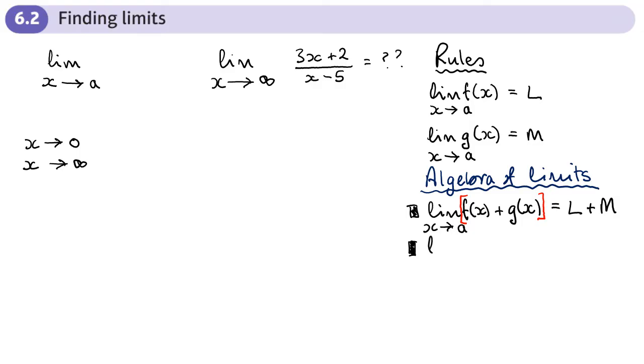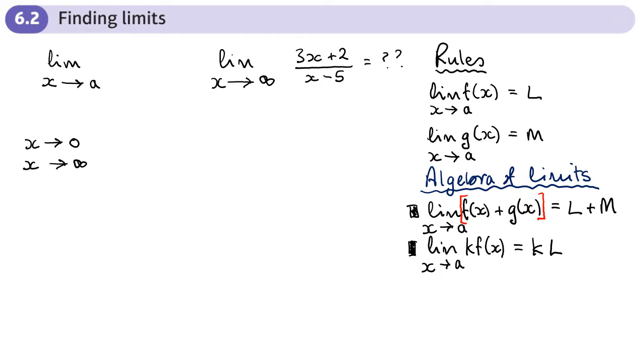Okay, now if I've got my function f, let's say that I multiply it by a constant, let's call it, say, a constant k. So I've got the limit as x tends to a of this function, which is basically a multiple of my function f, and you could probably guess that actually the limit is going to be a multiple of the limit of f.